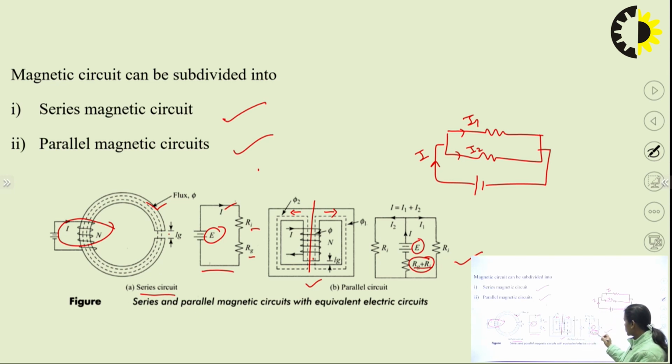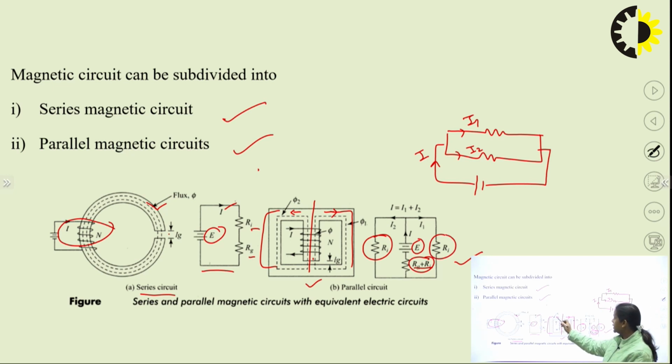So the total resistance Rg plus Ri is written here. Then we have some reluctance of these side limbs also, which is represented here as a resistance.